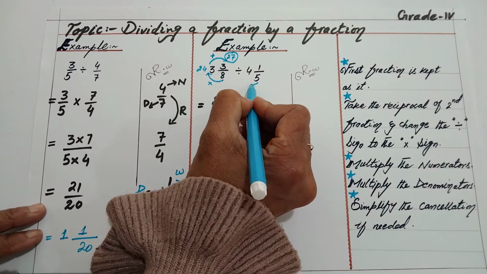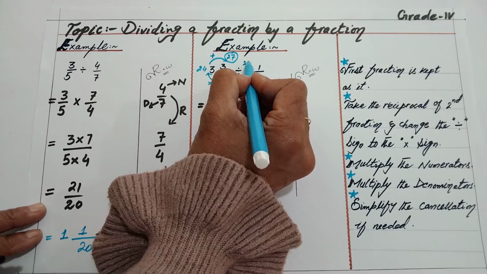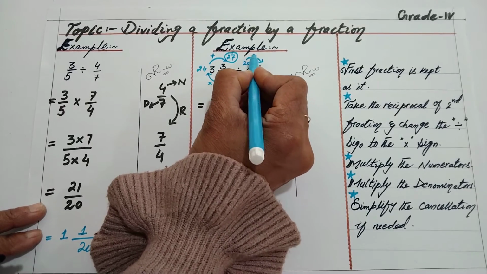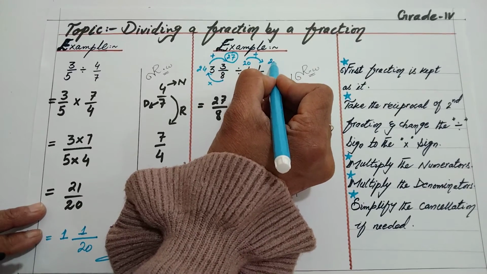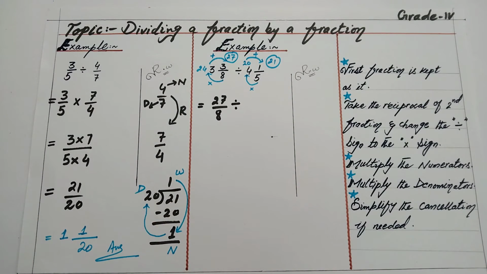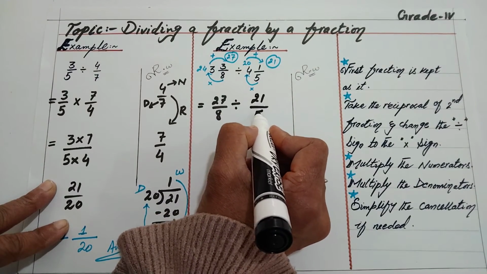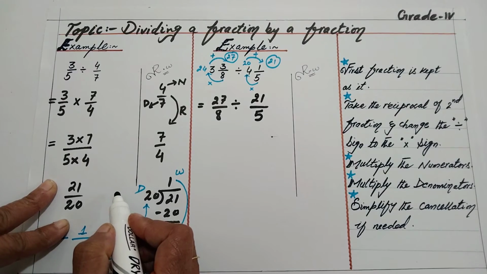4 5s are 20, and 20 plus 1 is equal to 21. So our new fraction is 21 over 5. Got it?